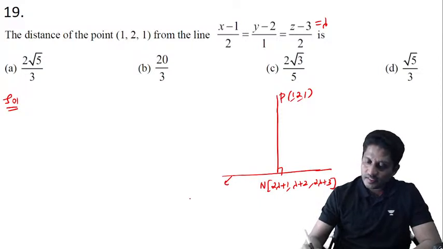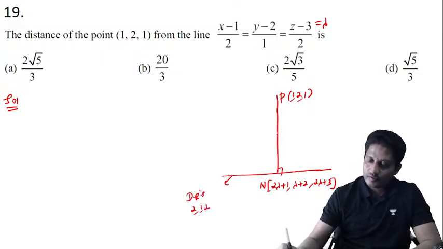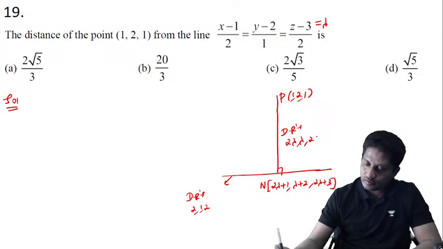Okay, now drs of this line will be equal to 2, 1, 2. And drs of line joining 2 points will be 2 lambda, then you get lambda, 2 lambda minus 2 lambda plus 2.